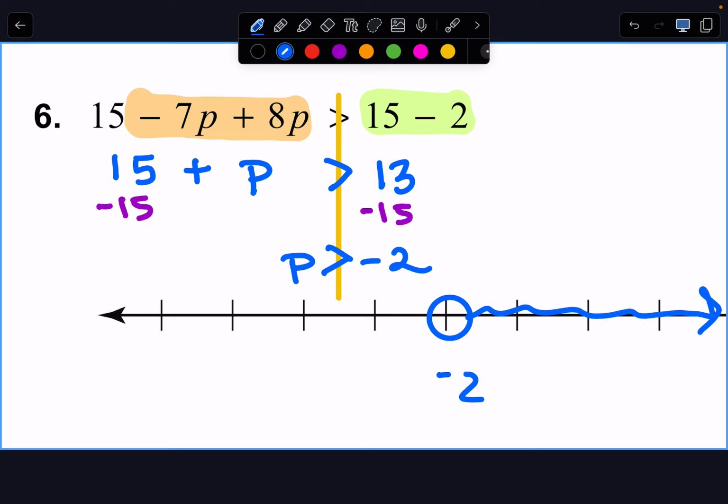Please make sure when you're combining like terms, because this was a common mistake, so don't panic. We all know we need to add, but make sure you're looking at the sign in front because that is connected to the 7p. It's minus 7p plus 8p, okay? Make sure you're looking at that.